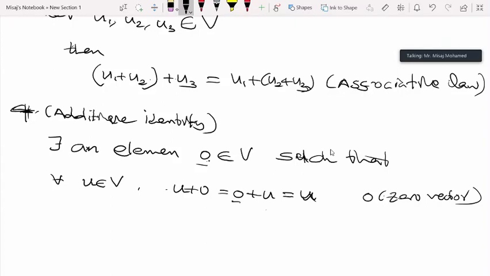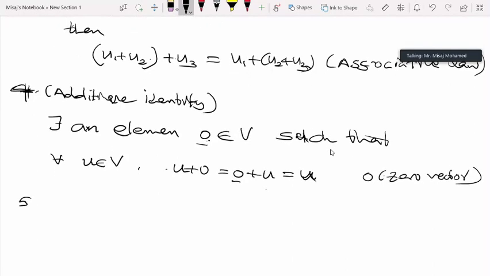Output will be the same. U plus 0 or 0 plus U must be U. If so, the additive element is there. The additive element must be there is a condition of the vector space. Is it clear? Yes, sir. Additive identity.